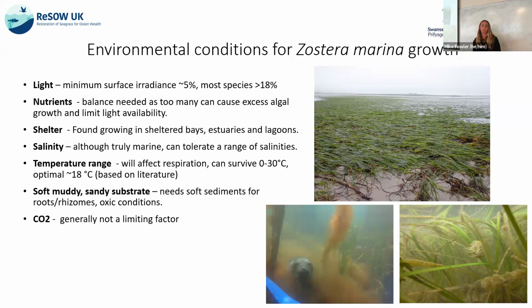Temperature range will affect their respiration, for example, so they can live within a range of from 0 to 30 degrees Celsius. They need soft, sandy or muddy substrates in order to be able to grow their roots and rhizomes within those, and they need oxic conditions for their roots and rhizomes. And then also CO2, as a plant, they require CO2 to grow, but that's usually not a limiting factor.